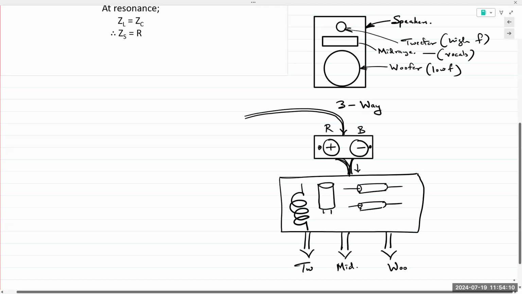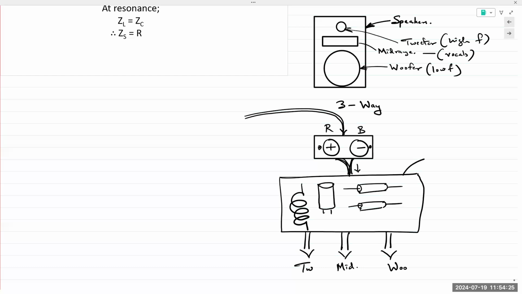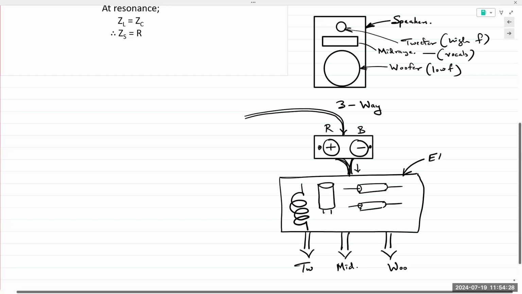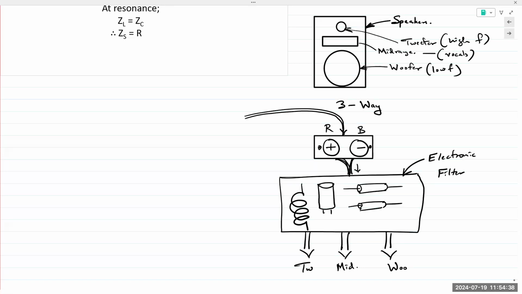So 2 wires coming in are now split into 6 wires, or basically 1 input port and 3 output ports. Okay. And what it is doing is, this is an electronic filter that is diverting the low frequencies to the woofer, the higher frequencies to the tweeter, and the middle range to the mid-range speaker.